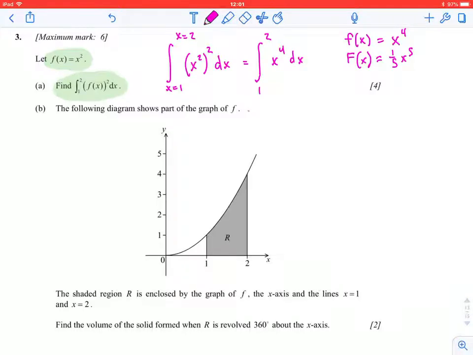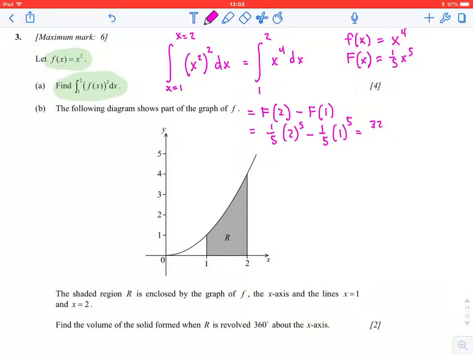And so we are then going to evaluate this antiderivative at 2 and subtract its value at 1. So this becomes 1/5 times 2 raised to the power of 5 minus 1/5 of 1 raised to the power of 5.